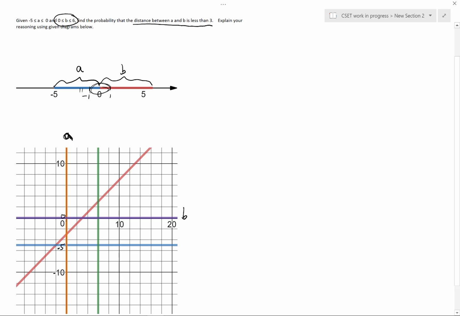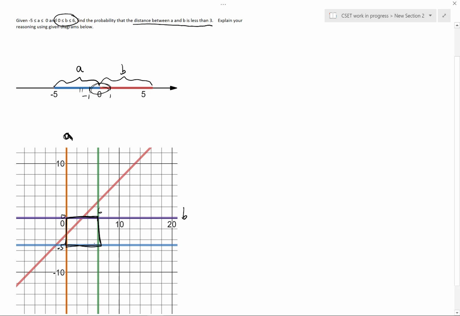So a is between 0 and -5, and then b is between 0 and 6. So this rectangle is the possible points that would satisfy a between -5 and 0 and b between 0 and 6.